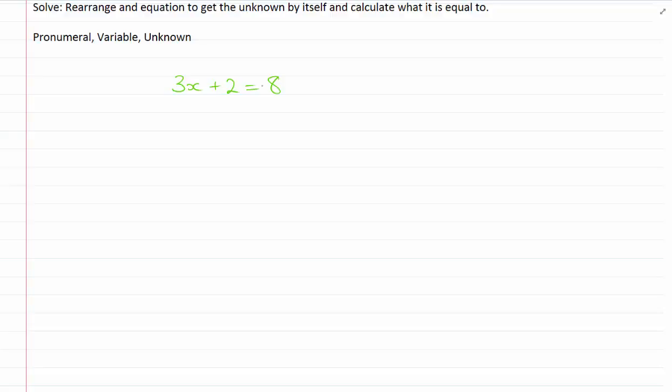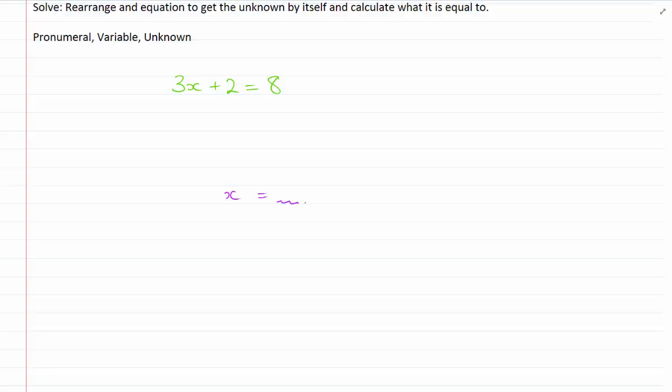Now you may find you already know the value of x, and it's a reasonably simple equation, but I want to talk about the norms associated with this question. Usually when we're solving for x, we're trying to rearrange it so that x is equal to some number. So typically we'll try and keep x on the left hand side, but we don't have to, and I'll show you an example of that in a moment.